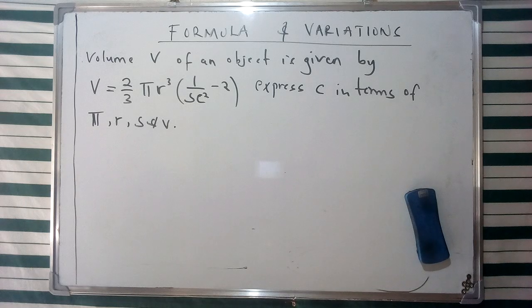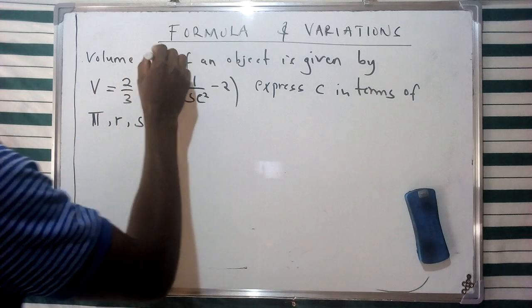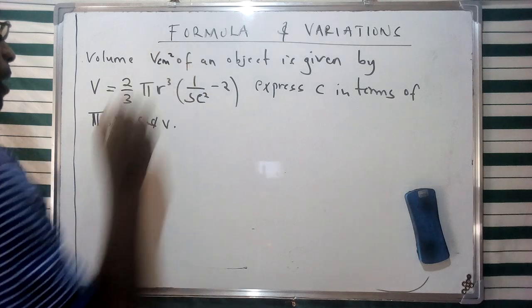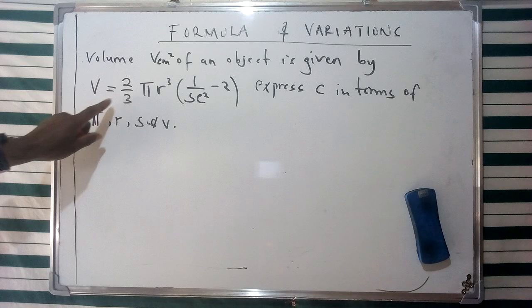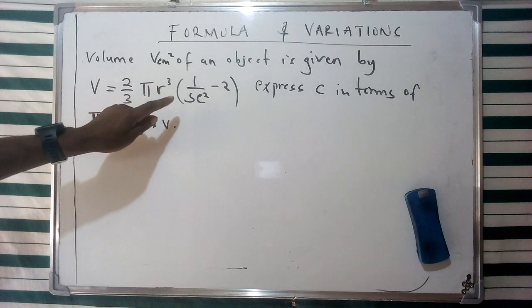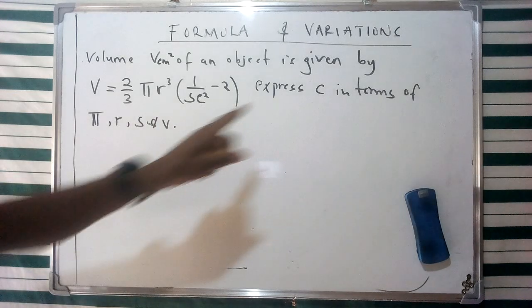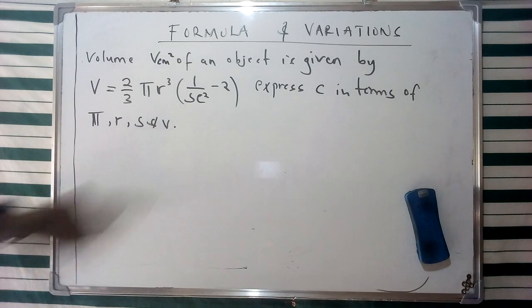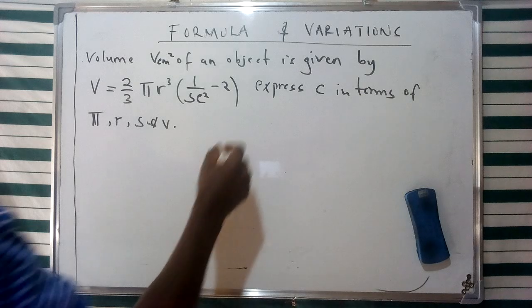So I'm going to read it: we are required to find the volume V centimeters squared of an object that is given by the formula V is equivalent to 2 over 3 pi r cubed into 1 over s c squared minus 2. We are required to express C in terms of pi, r, s, and V, which are the other unknowns and the constant pi.